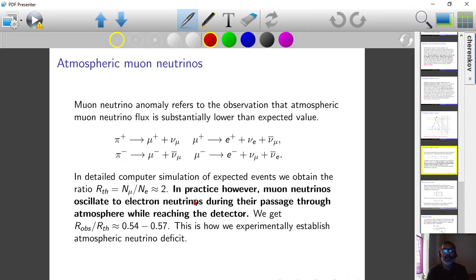And experimentally, we get the observed ratio divided by the expected ratio, R observed by R theory, of 0.54 to 0.57. It's not 1. That means muon neutrinos oscillate to electron neutrinos or to tau neutrinos. Nobody knows. That means the muon neutrinos are less in the atmospheric neutrino flux.